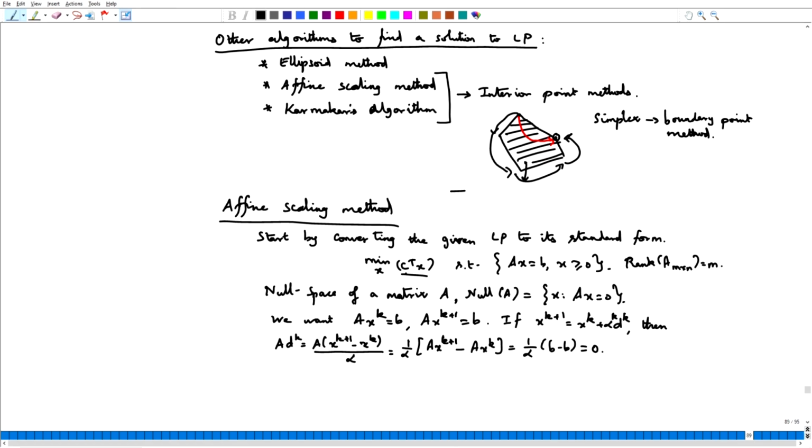I can actually retain the point within the feasible set if my direction dk is such that A dk is equal to 0. Let us say you have found an x0 such that A x0 is equal to b, that is a feasible point. I want to move to x1, but I want to ensure that A x1 is also equal to b.